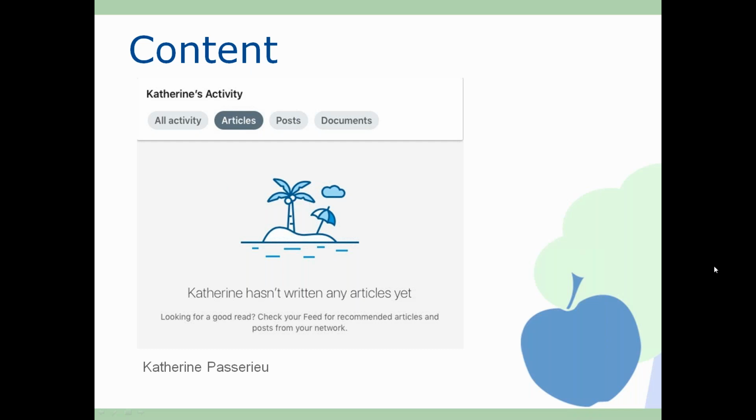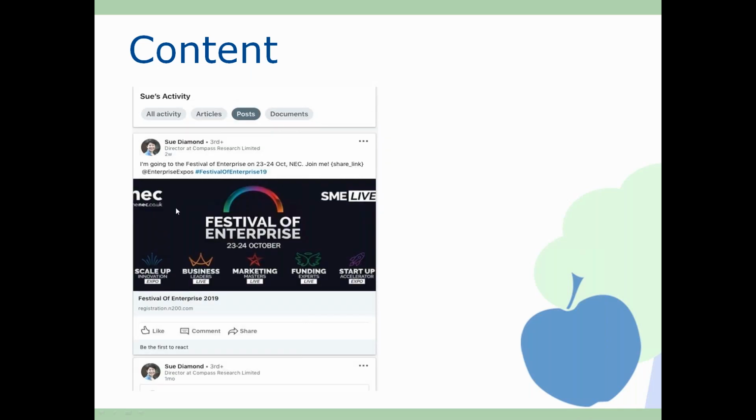You can add photos, you can add videos, you can add documents, you can add images, you can write whatever you like. And if I just go back to Sue's slide, you'll see that she's talked about where she's going. She's actually added in a link to the event, which has put up this image. So that's a good thing to do.